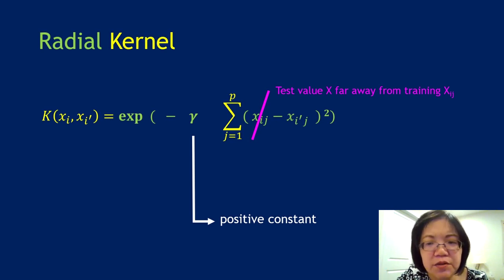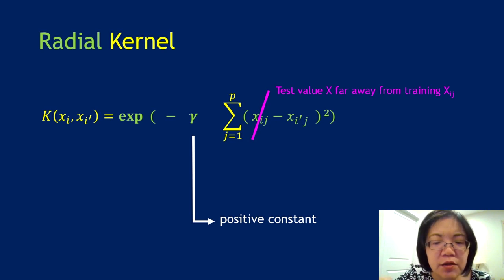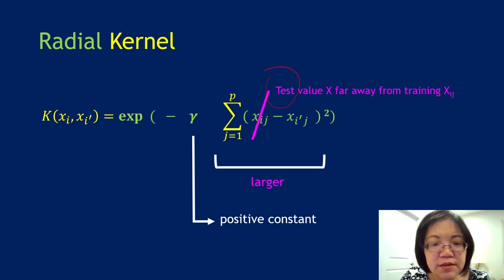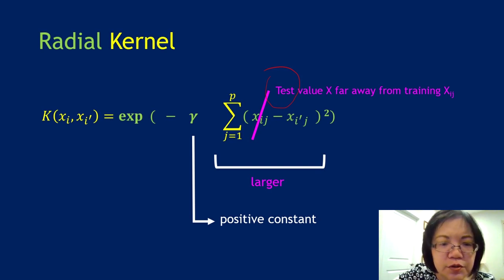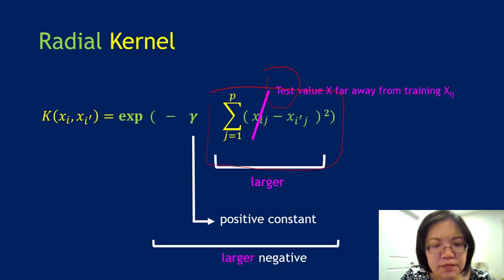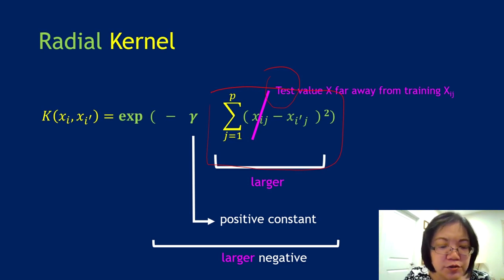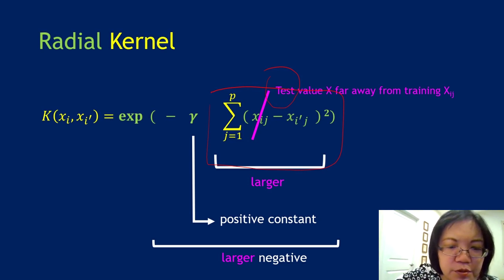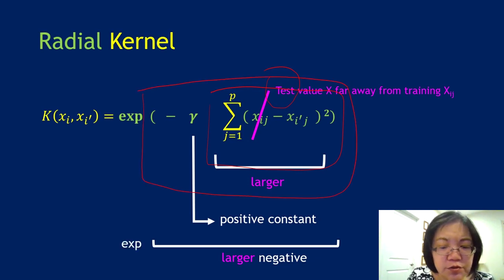And if your test value is far away from the training data set, then you will get large Euclidean distances, and therefore you will get a large term for this portion of the kernel. Because gamma is a constant, if the total Euclidean distance term is larger, then you will get a larger negative term over here. And when you do an exponent of a larger negative, you actually get a tiny kernel.